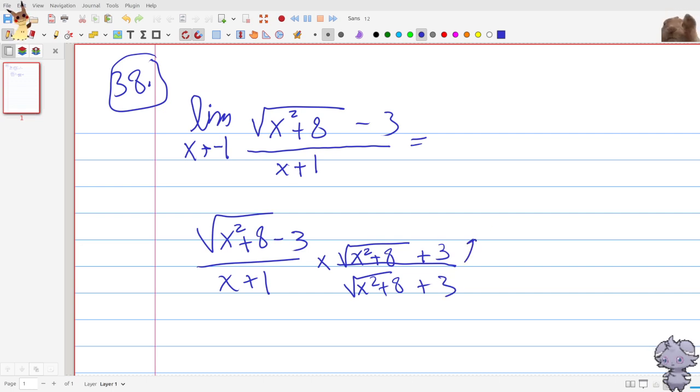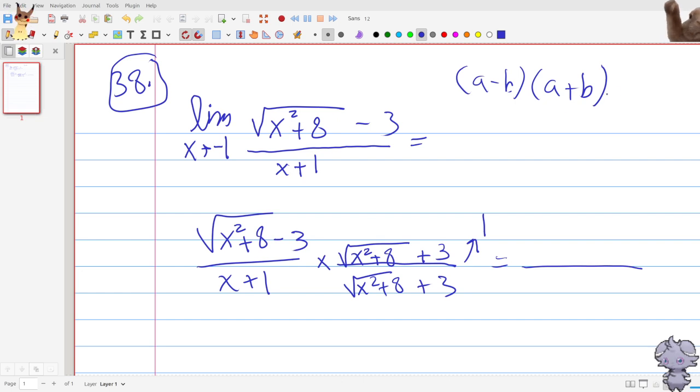This entirety is 1, so we are multiplying by 1, and it's an equivalent expression after we multiply. This is the same as the difference of squares formula, but in reverse: we have a minus b times a plus b.